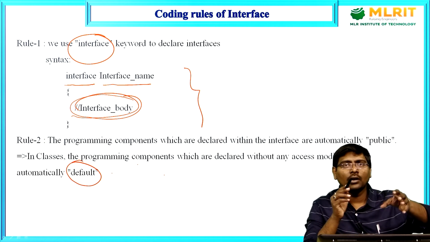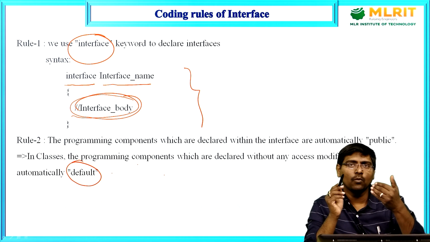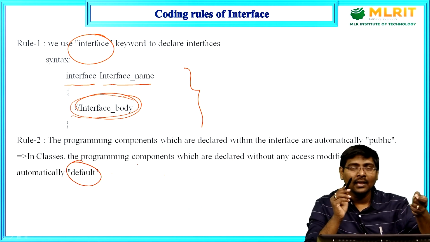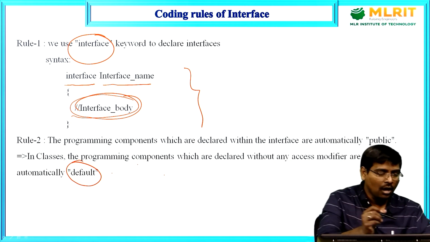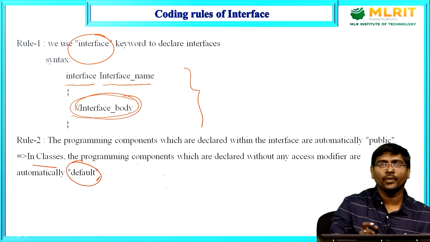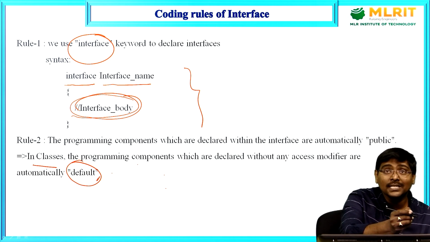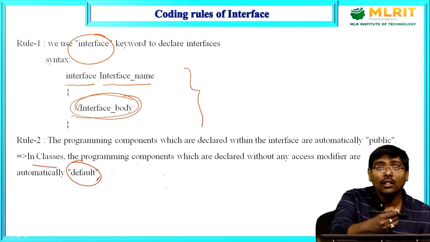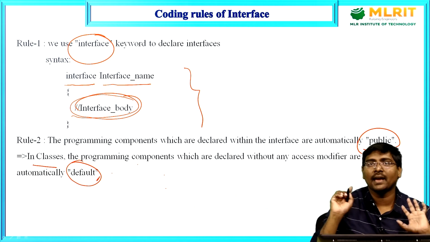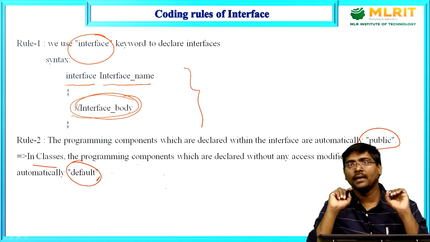If you do not mention anything before the declaration of either a variable or a method, all the programming components in the class have the default access specifier. Coming to interface, even though you do not specify anything, all the programming components become public access specifier.